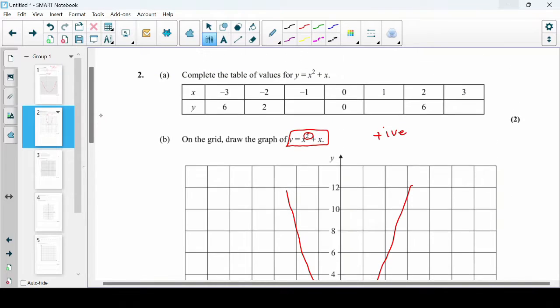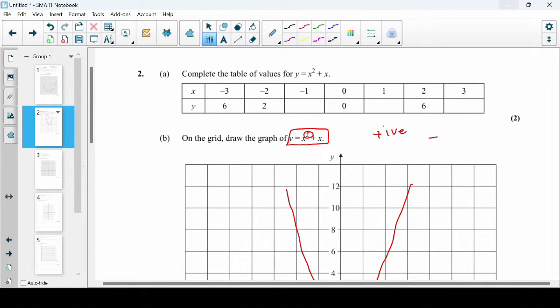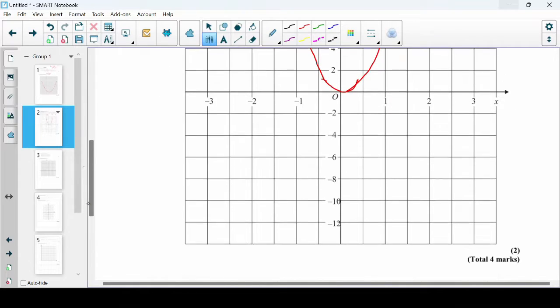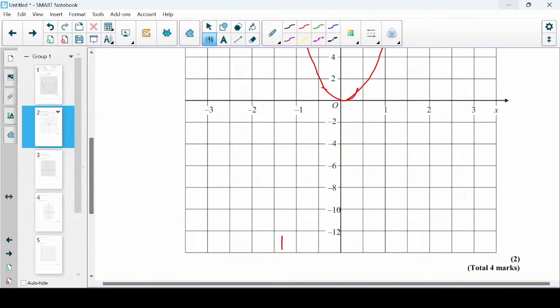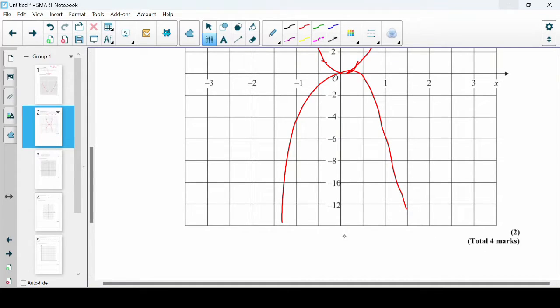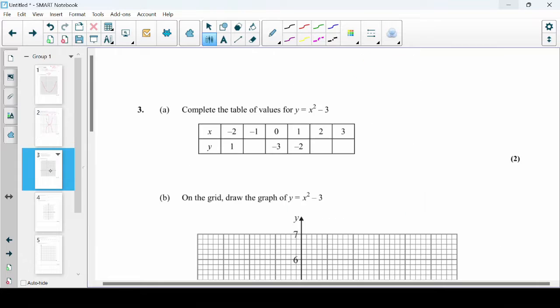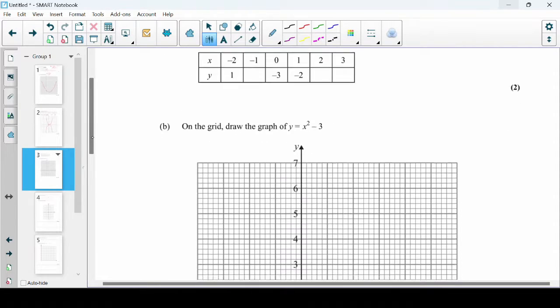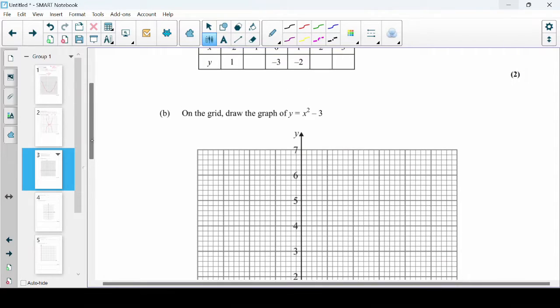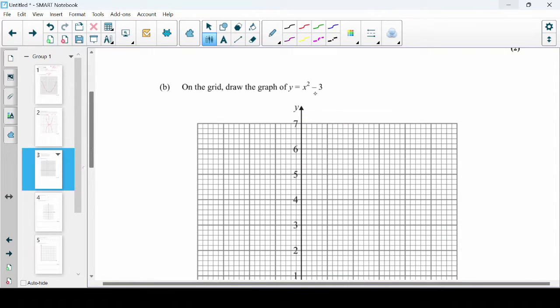If the x squared value is negative, for example negative x squared, then the graph should look like this. It should start from down, go up, and then come down again. So you should differentiate between these two types of graphs. The next question is again a similar kind of question where the y-intercept is -3.